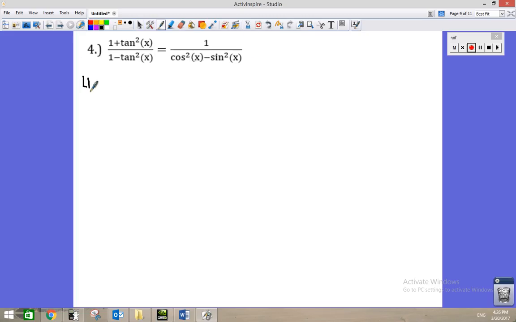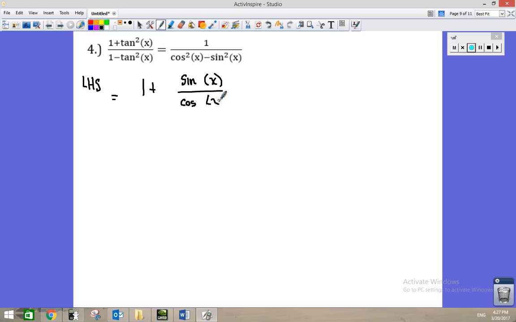So if I start with the left-hand side, then 1 plus tangent squared. Well, one of our guidelines says to convert things to sines and cosines. So let's write tangent as sine of x divided by cosine of x.